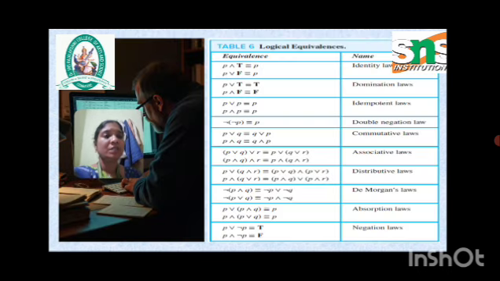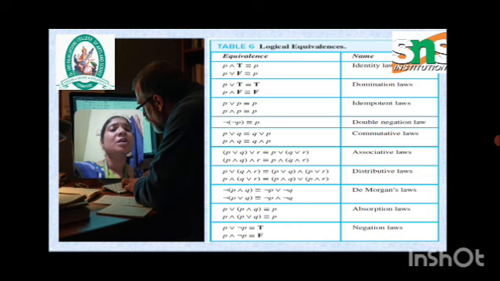Provable equivalence is nothing but logical conditions that are equivalent to other conditions, which is denoted by the following ones. P conjunction true is equivalent to P, then P disjunction false is equivalent to P, which denotes the law known as the identity law.